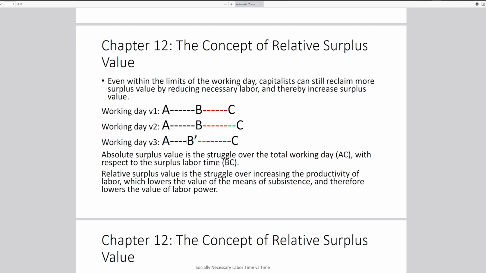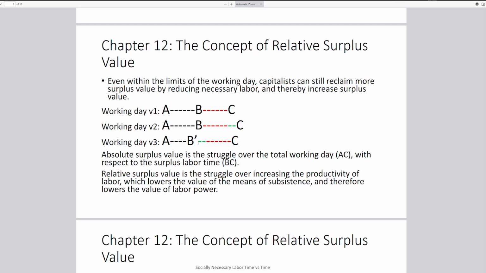So if this line actually gets shortened, then those 2 hours that are no longer necessary just become surplus labor. And so we've actually achieved extending our surplus labor time to 8 hours without extending the working day at all. It's still a 12-hour day. And so this is the definition of relative surplus value.